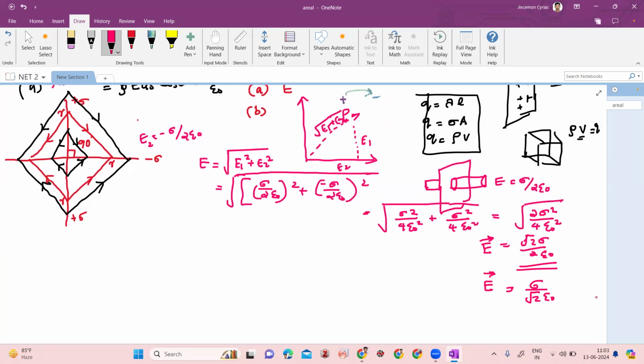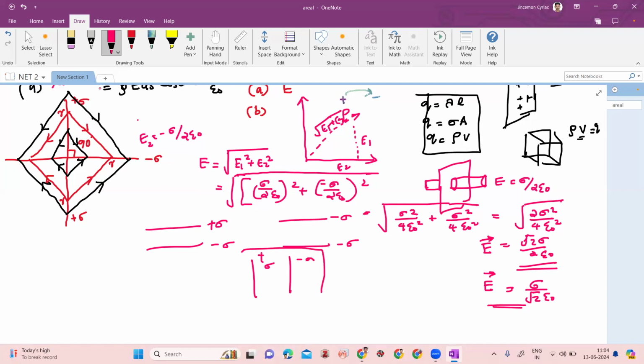This is the value of the electric field due to the positive and negative plates which are perpendicularly arranged in space. There are different types of problems by arranging two parallel sheets like this, plus sigma and minus sigma, or both negative, like a parallel plate capacitor.